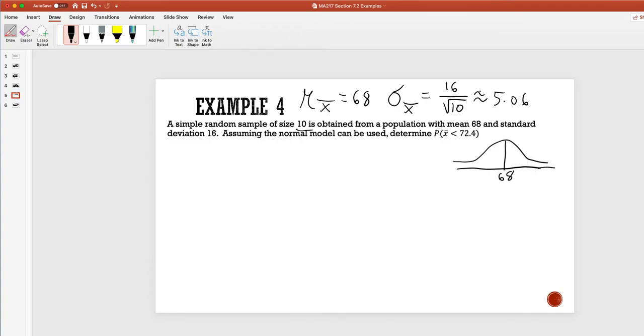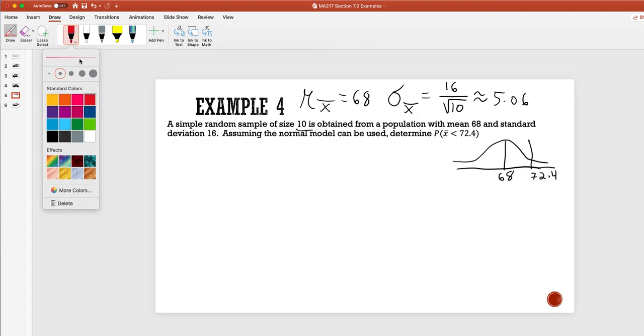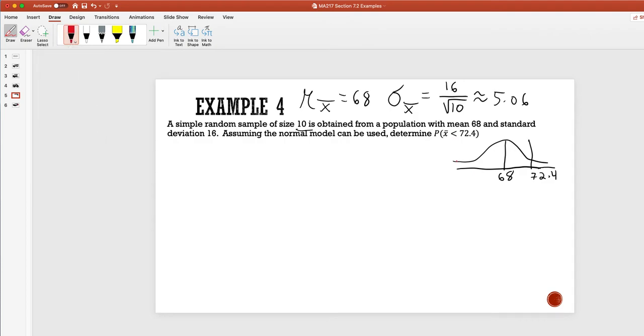With a standard deviation of 5.06, this should be about here-ish, let's say. And we want the area to the left of that number, so that being all of this here in red.